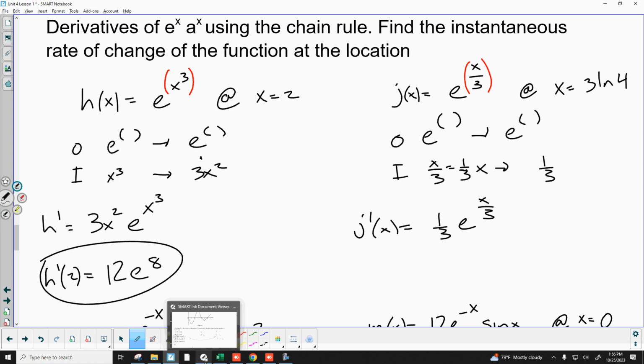Okay, but notice I asked you to plug in something very unique. But you'll find that I chose that for a reason, because it simplifies nicely. The answer, after plugging in 3 log 4, is 4/3.